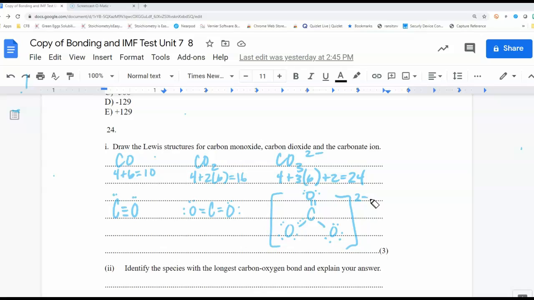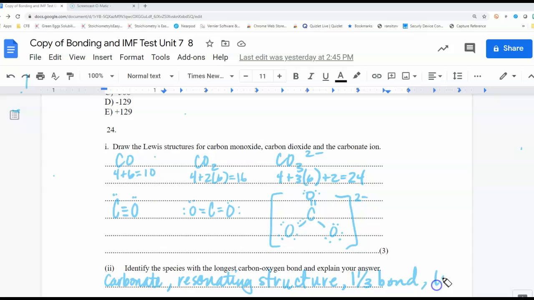Then for the next question, it says identify the species with the largest carbon to oxygen bond and explain your answer. You would have to say that it is the carbonate ion because, due to its resonating structure, it has a 1 1/3 bond, which is longer than a double bond, okay, but not as strong.